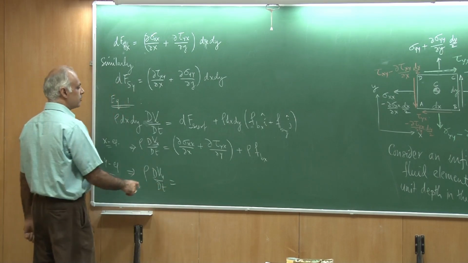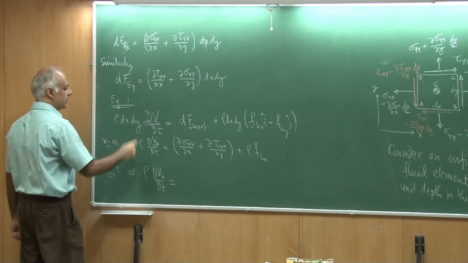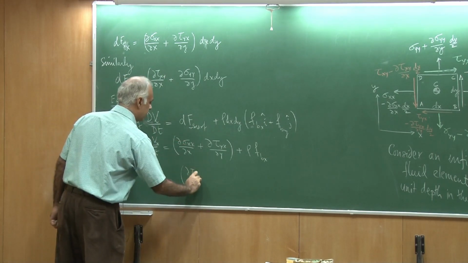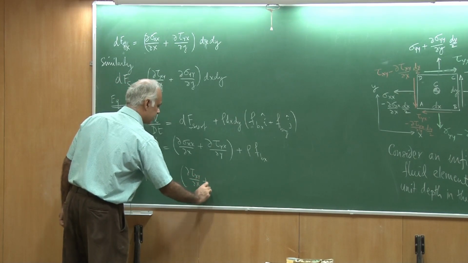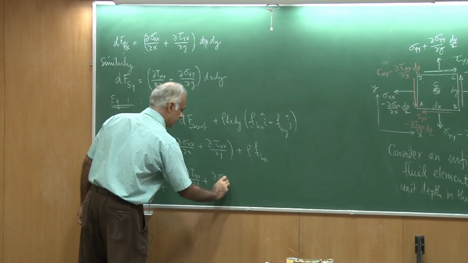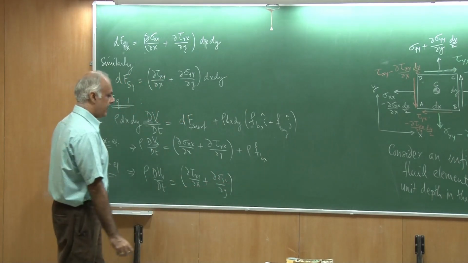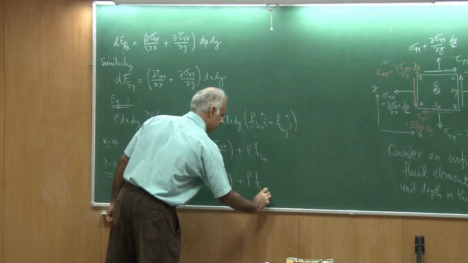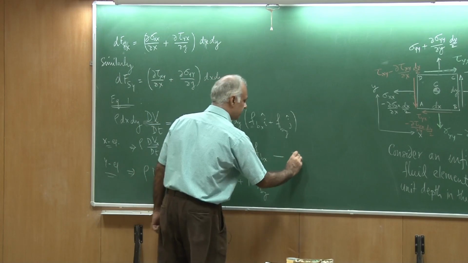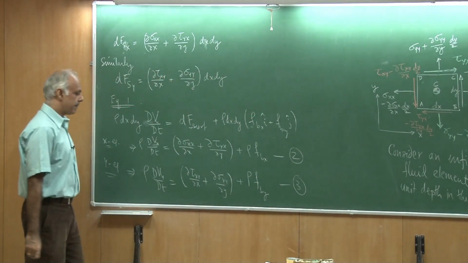Now I substitute the y direction surface force, which is over here: del tau xy by del x plus del sigma yy by del y, and rho f by. Let me call this 2 and this 3.